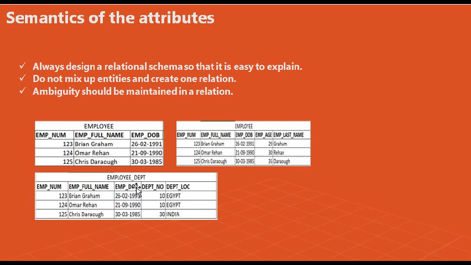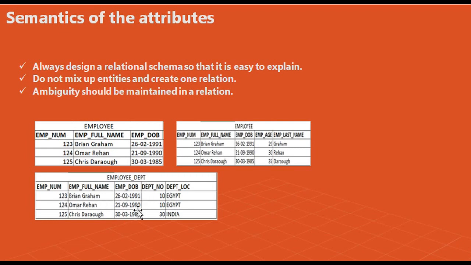So to create a base relation, the rule is do not mix these up. If you see this table, for employee 123, his department number is 10 and department location is Egypt. This is one of the common disasters that the data modeler makes. We will see how to remove this and what problems could arise from these kinds of disasters. Let's move on to the next slide.